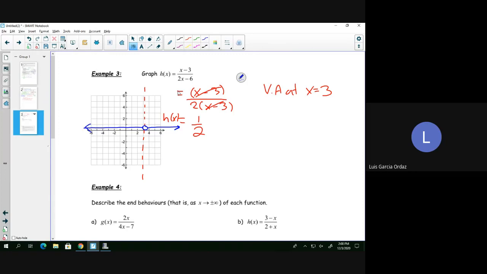So because there was an x - 3 in the numerator and an x - 3 in the denominator, and they canceled out, at x is equal to 3, there will be a hole. So that will be the general rule for any time you cancel out an expression from the numerator and the denominator. That means there's going to be a hole in that graph at that specific point.